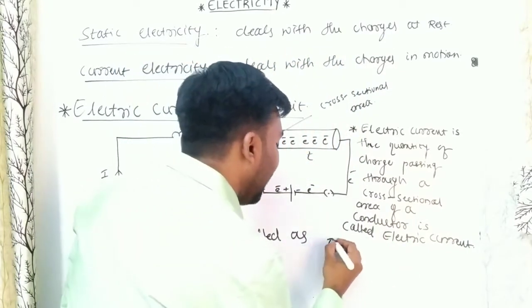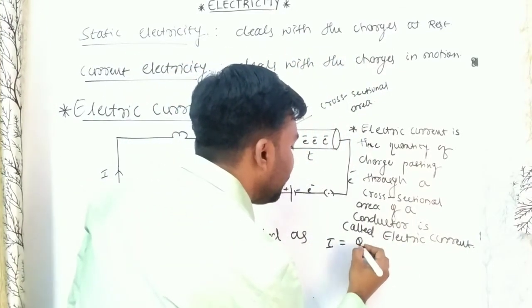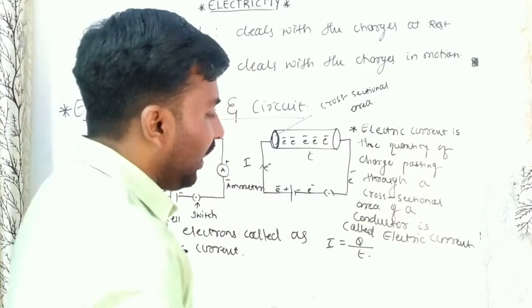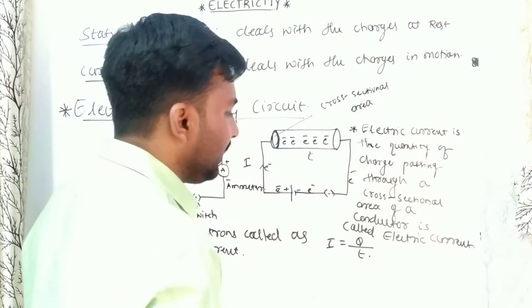Mathematically, I is equal to Q divided by T.